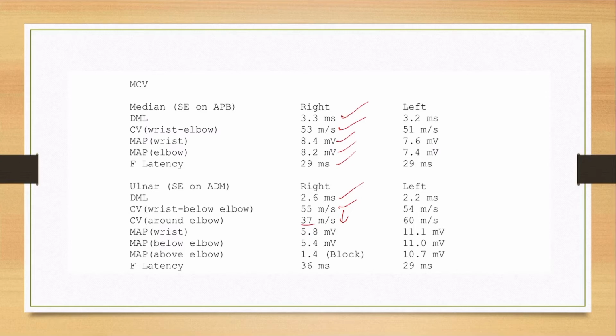Let's have a look at the motor amplitudes here. There's a fair bit of reduction in the motor amplitudes over here, and in fact we can even see when we stimulate above the elbow that there's a degree of conduction block that's significantly less than the more proximal below elbow stimulation sites, more than 50%. So there's some conduction block going on over there, and the F latency is increased.